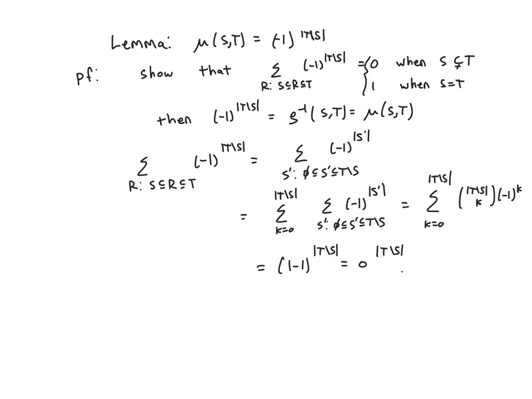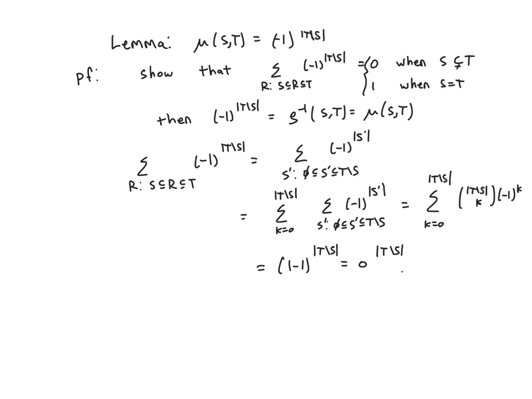And so let's do this proof. Well, this is not too bad. The first thing we can do is, so I want to show the summation over all subsets R such that R contains S and is contained in T, negative 1 to the, that shouldn't be T take away S there. Let me redo that part.